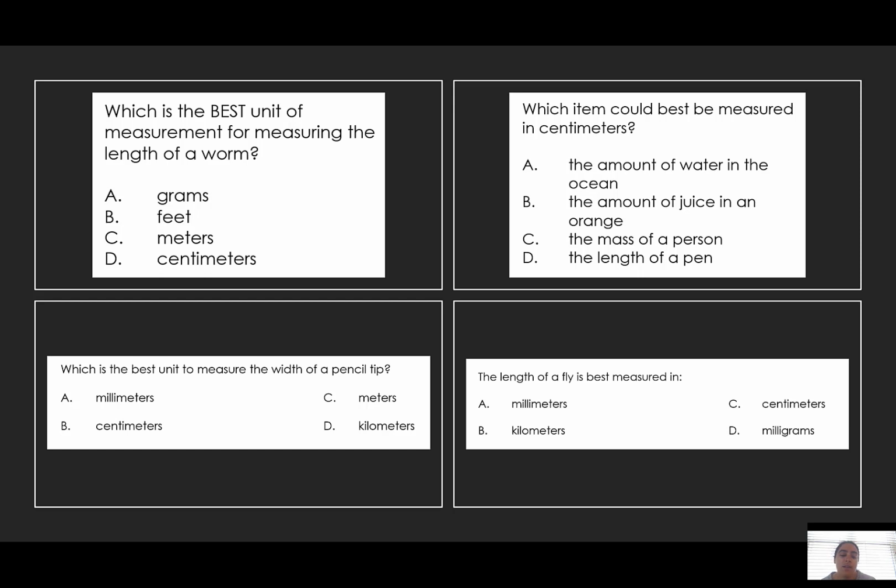Which is the best unit to measure the width of a pencil tip? Millimeters, centimeters, meters, or kilometers? The length of a fly is best measured in millimeters, kilometers, centimeters, or milligrams. I'll give you a second to try it.